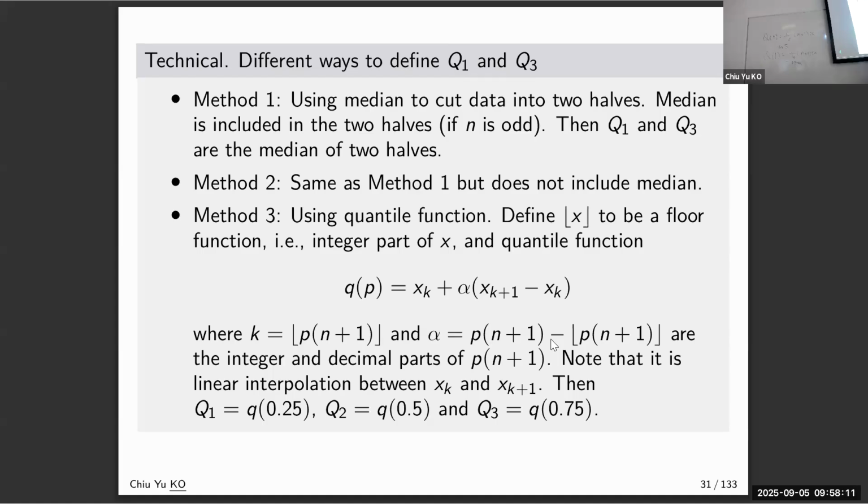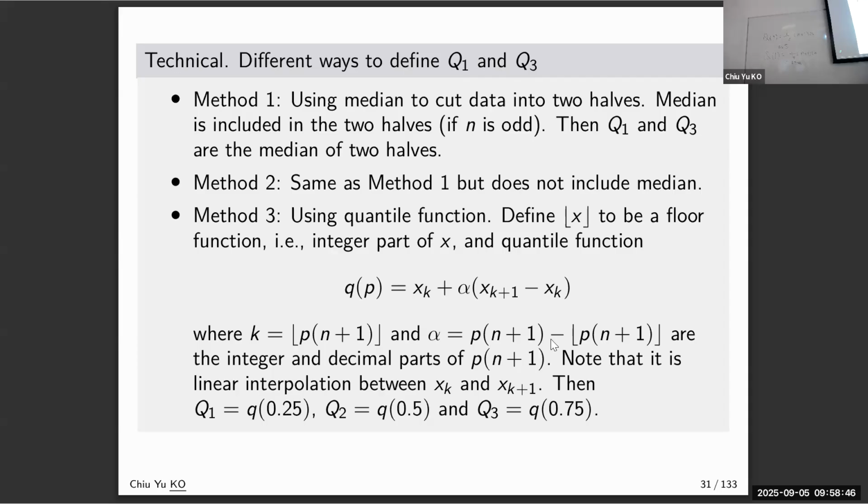So x 1.5 is x1 plus halfway between x2 and x1. This is called linear interpolation. Just like x1 is here and x2 is here, what is x 1.5?